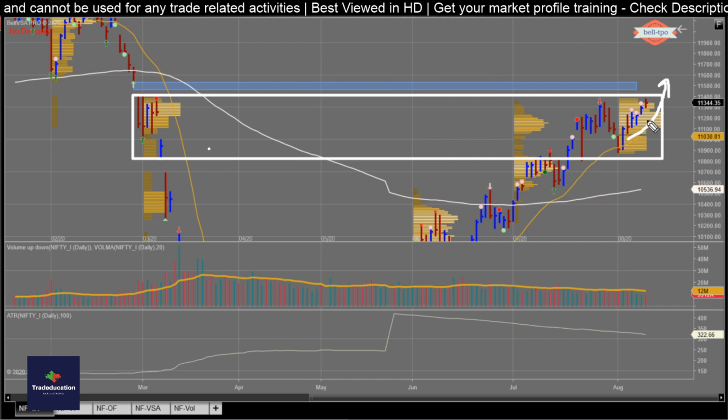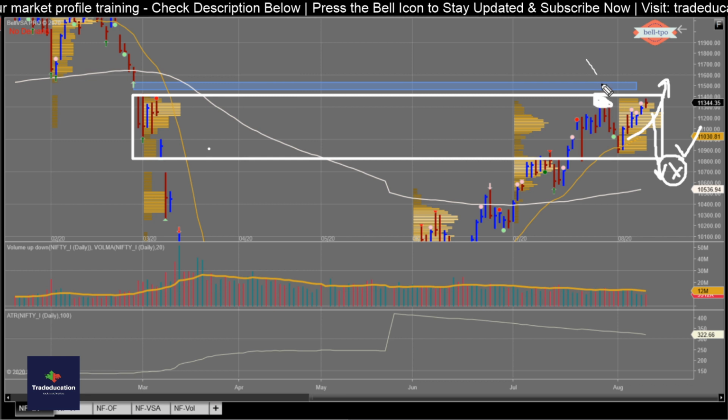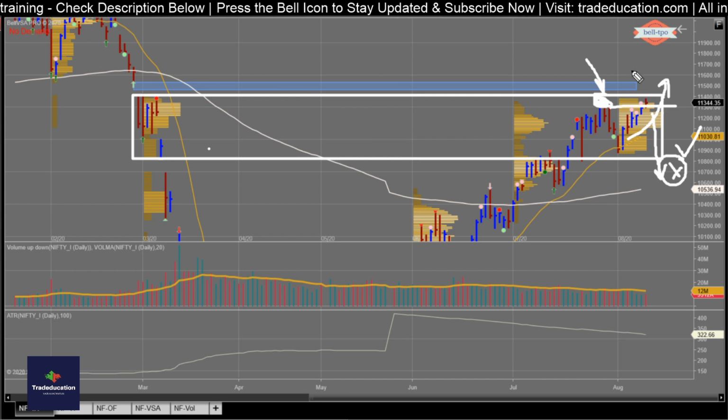This is an indication that sellers are really trying hard to take the auction down, but it's not happening. This is an important reference to note that the sellers are really trying to push hard, but they are not able to do it. What has happened is this was a sort of retest from the seller's point, and again yesterday the same level came from the price action perspective.